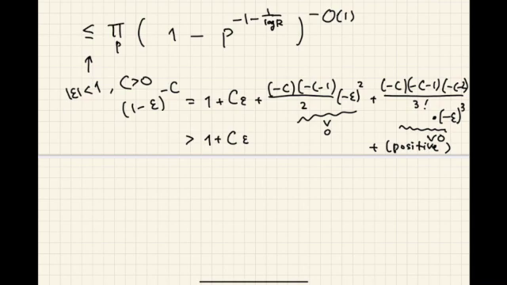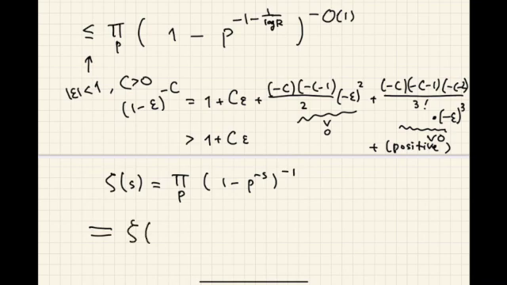And now I recall that the zeta function has the following Euler product description. So the previous expression is the zeta function, 1 plus, to the power of 1. In particular, this converges.